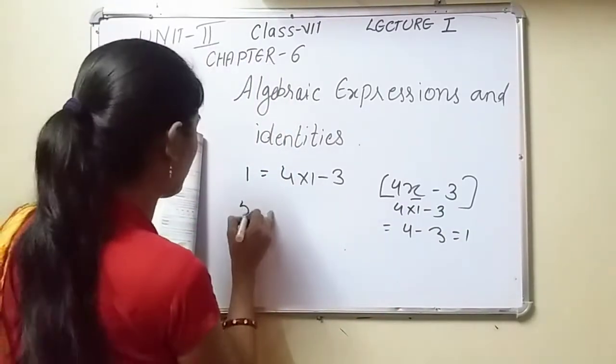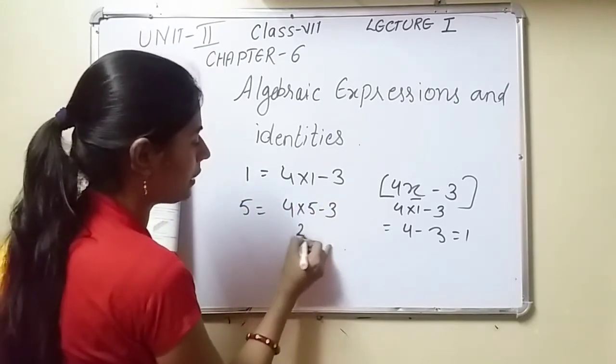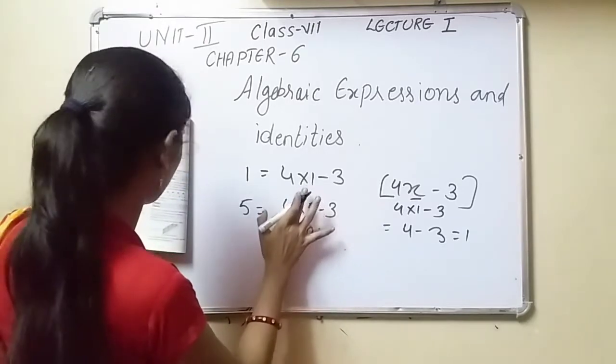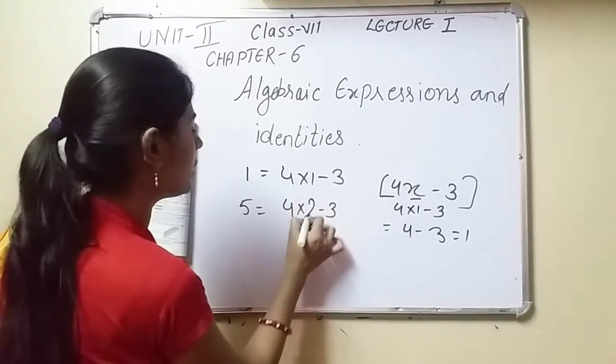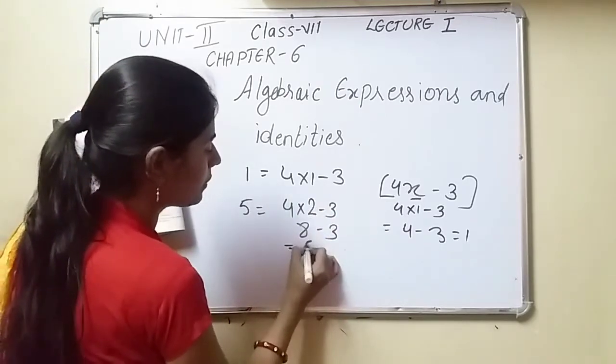Similarly, 4 into 5 minus 3, 4 fives are 20. Sorry. Multiply by 2, 4 twos are 8, minus 3, that is 5.